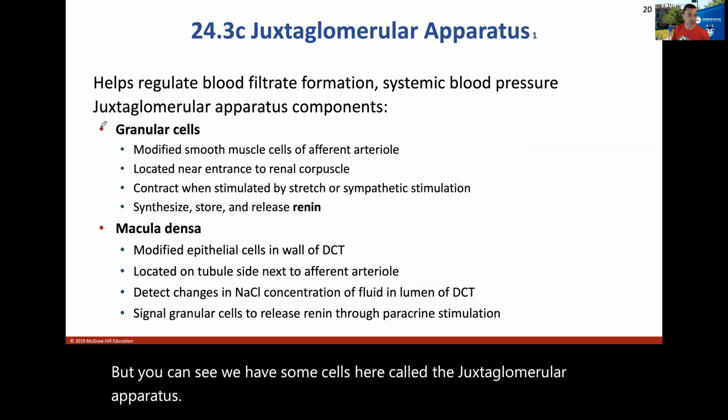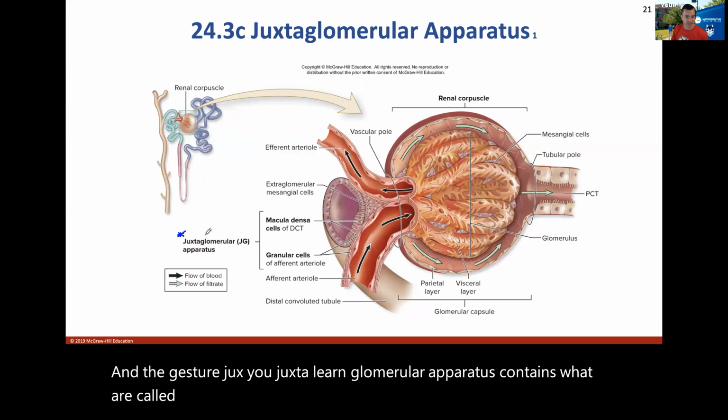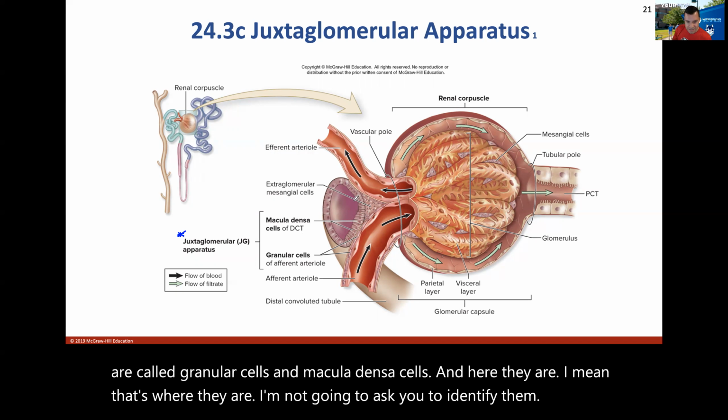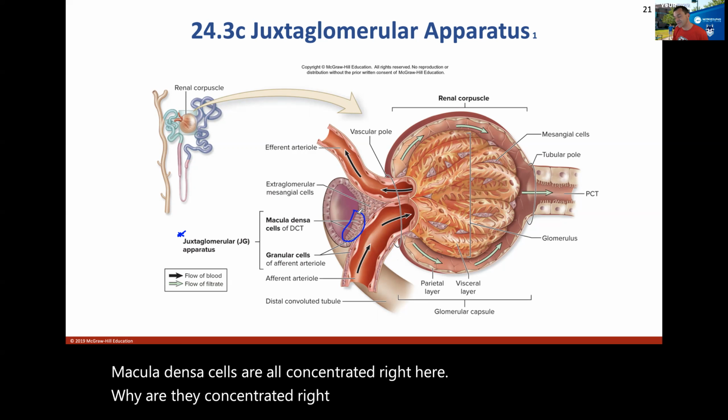The juxtaglomerular apparatus contains what are called granular cells and macula densa cells, okay? And here is where they are. I'm not going to ask you to identify them, okay? Macula densa cells are all concentrated right here. Why are they concentrated right there? Because they're affecting blood flow into the glomerulus.